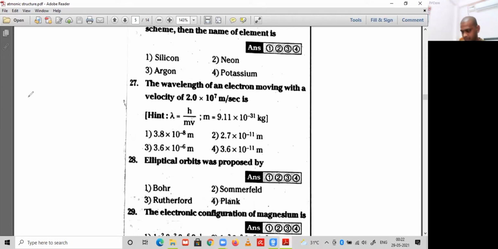Let us look at the derivation of the de Broglie relation.